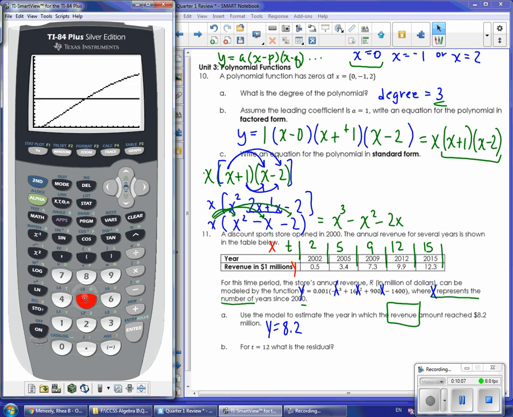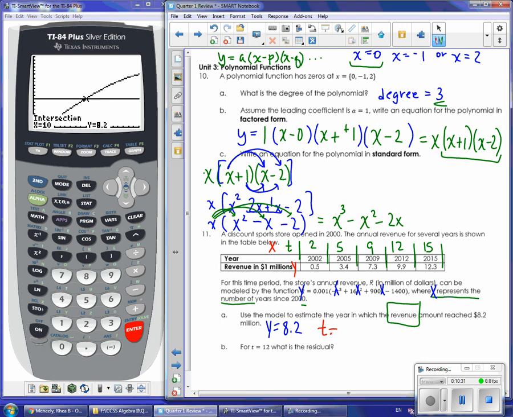And that's command 5. And when you're using the intersect option, you really just have to find the intersection, move your cursor as close as you can to that point, and then press enter 3 times, because it asks for the first curve and then the second curve, and then it asks you to guess, which is kind of silly in my opinion. And so when you solve this time, you're looking for the x value, or let's go back to the variable we're using in this equation.